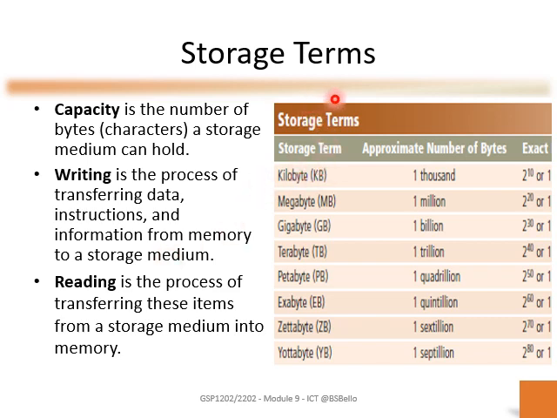This table illustrates what this term means. Kilobyte means approximately 1000 bytes, the exact amount being 2 to the power 10 characters, while a megabyte stores 1 million characters. The gigabyte stores 1 billion, and then we have terabyte, which stores 1 trillion. We have more and more representations for bigger sizes.